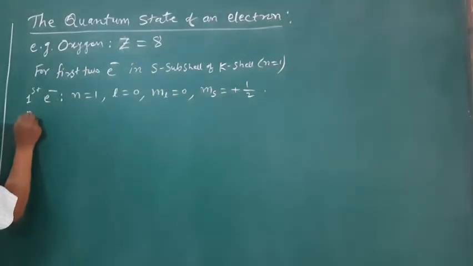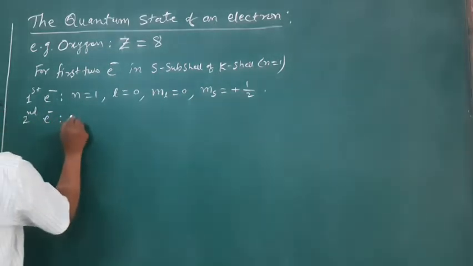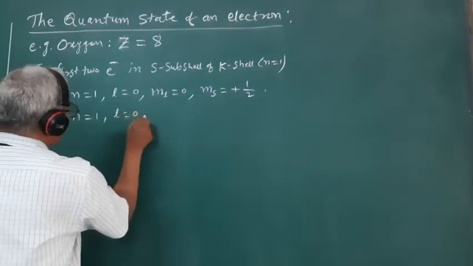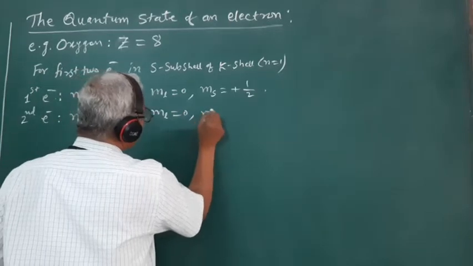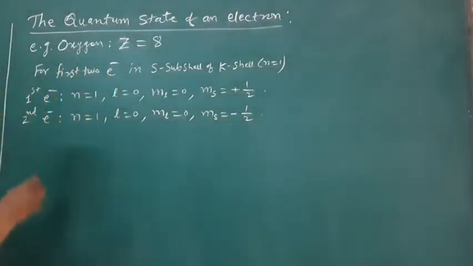And for the second electron in oxygen, n is equal to 1, l equal to 0, ml equal to 0 and ms equal to minus half.